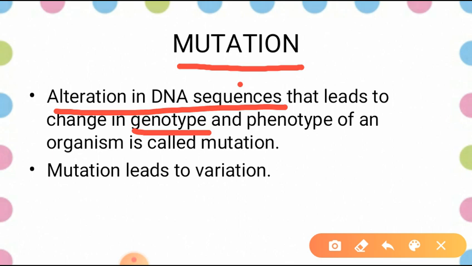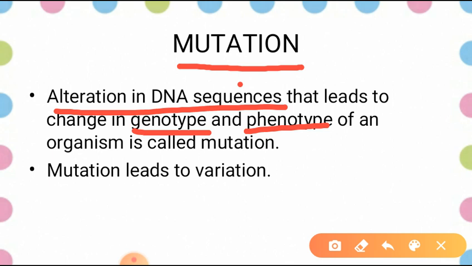What is a genotype? The genetic makeup or the genetic constitution. So once the genotype is changed, automatically which one also will change? Phenotype also will change. What is a phenotype? The external expression of a trait. You have studied tall is phenotype.